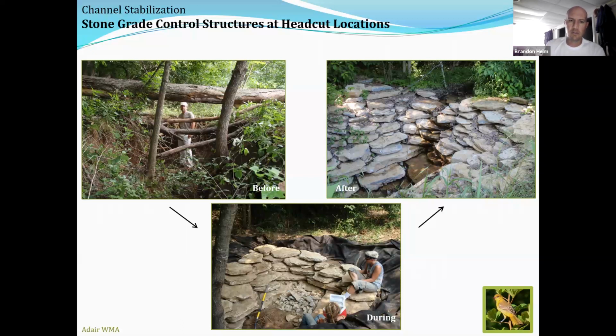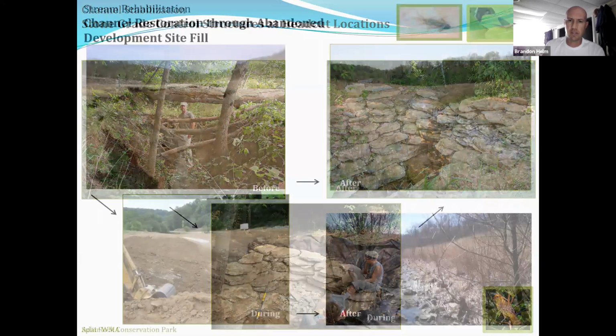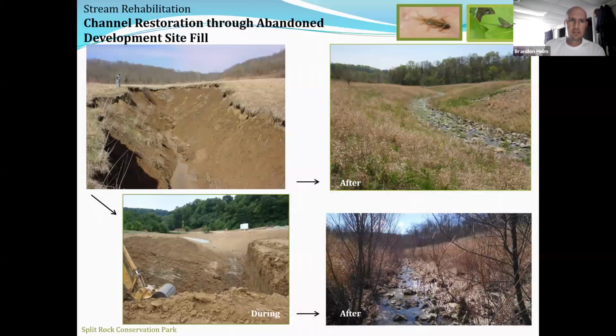Starts at a lower elevation and travels up and continually eats away and erodes. So building the rock wall basically will prevent that. Split rock again, just shows the level of effort that took, using big equipment, regrading all this soil out and creating gentle banks that will allow plants to grow.